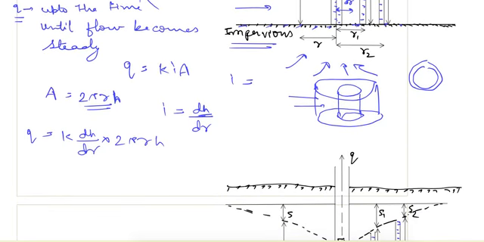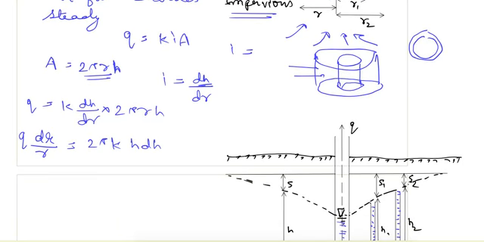From here if we rearrange this, Q into dr upon r is equal to 2 pi K h dh, and if we integrate this, with limits r1 to r2, Q dr upon r, and corresponding to that head h1 to h2, into h dh.